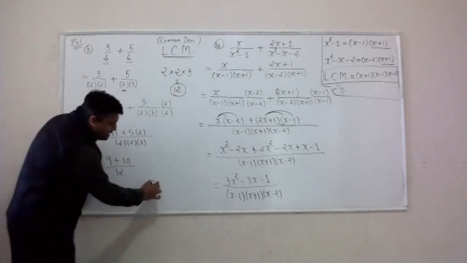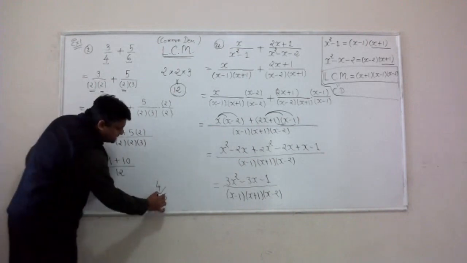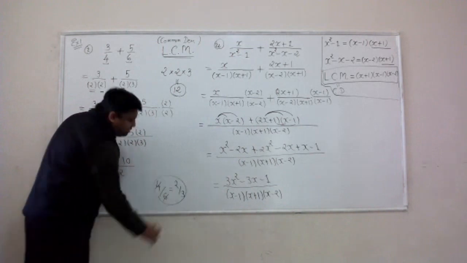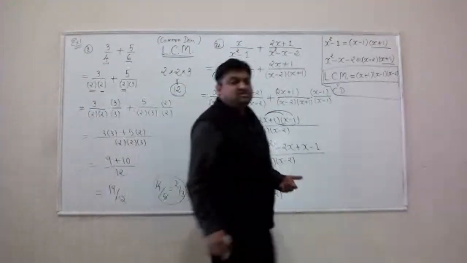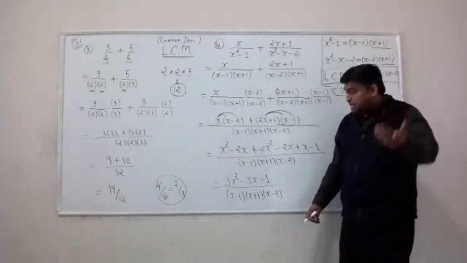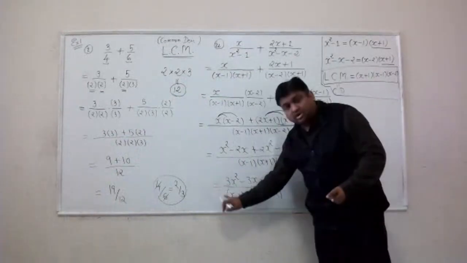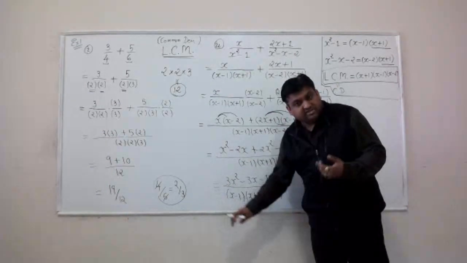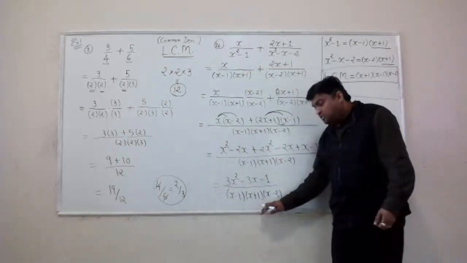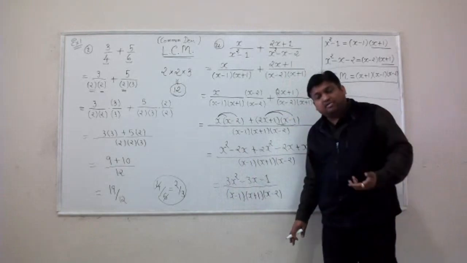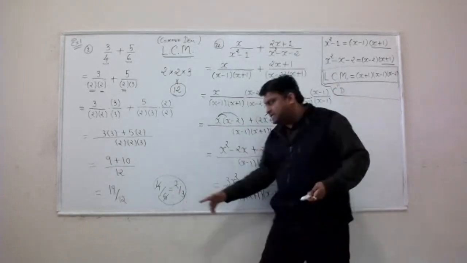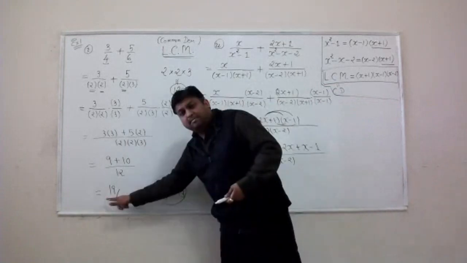For example, if I would have gotten 4 over 6, then I could have crossed out 2 from the top and the bottom and rewritten my final answer as 2 over 3, right? We would like to make sure that's not happening here as well, okay? If it is happening, then you need to cross out the repeating factor from the top and the bottom to reduce it further. Understand, it was not the case here.